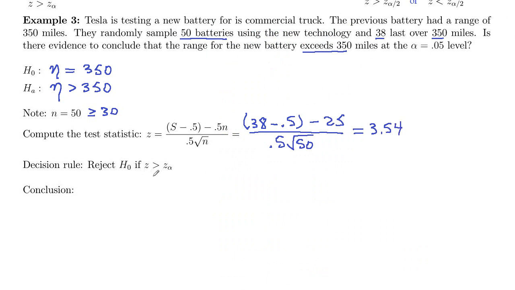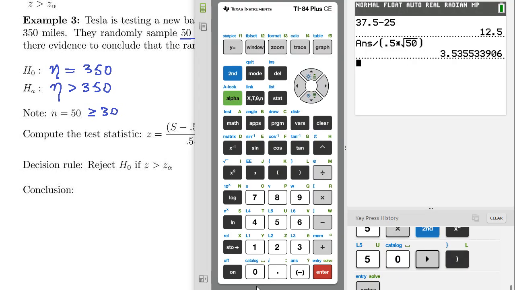And then we're going to reject if z is greater than z alpha. So here our alpha is 0.05. This is an upper tail test. So we're looking for z 0.05. And that you can get from the table of common z values for hypothesis tests, or you can do inverse norm of 0.95.